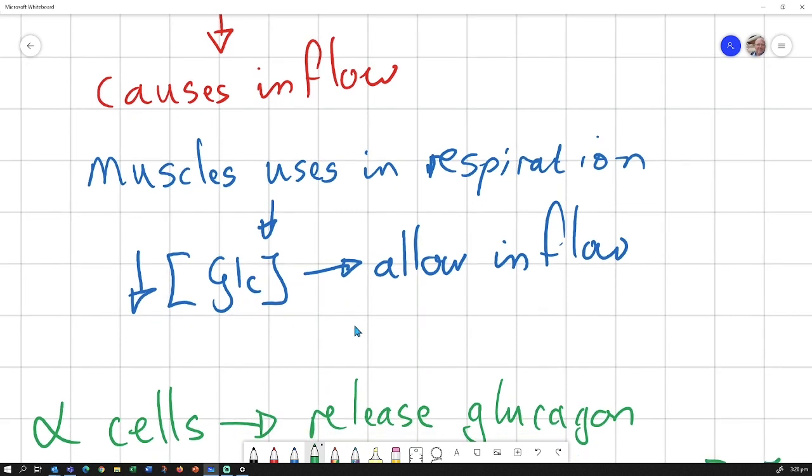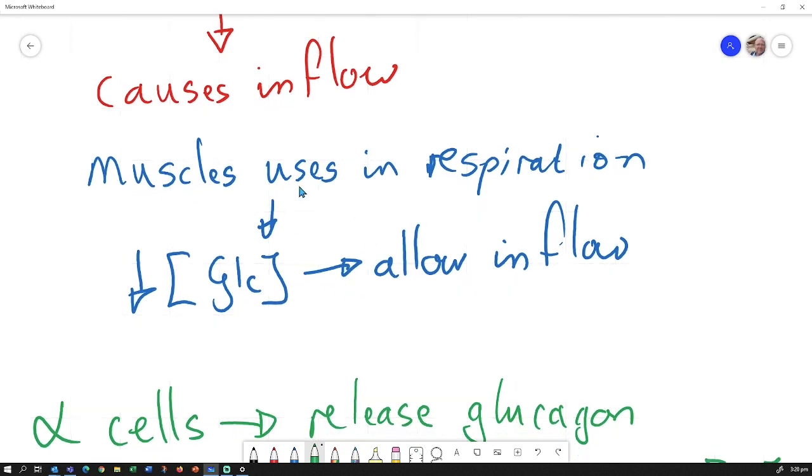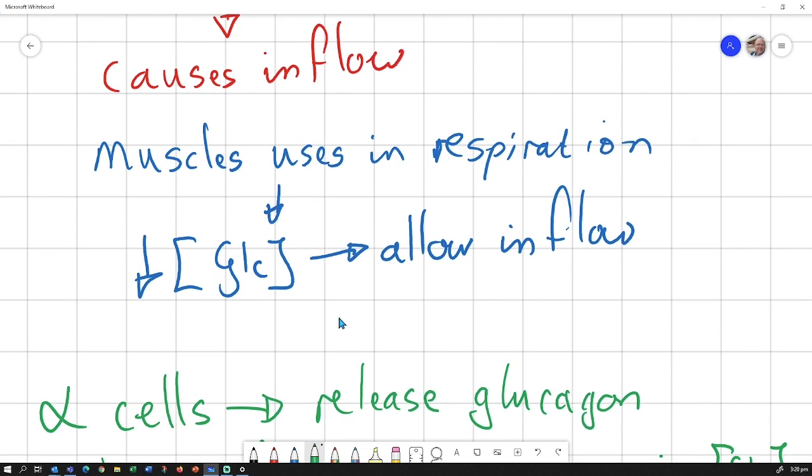Okay. And also muscles, when you exercise, you stimulate the GLUT4 to go to the surface, because now your muscles are working really hard. Lots of respiration is needed because lots of ATP is used, and consequently glucose needs to come in so that you can make the ATP.